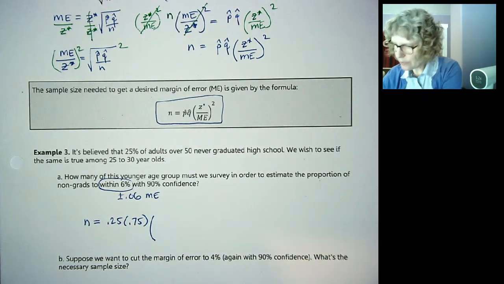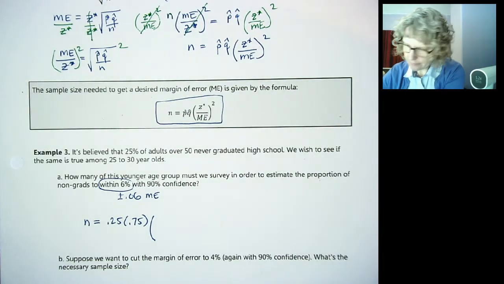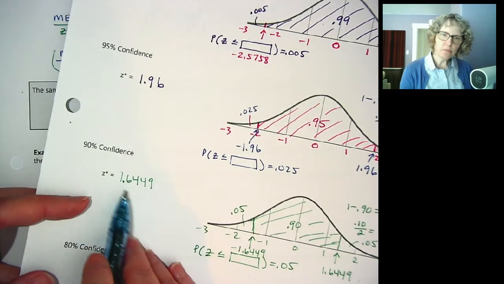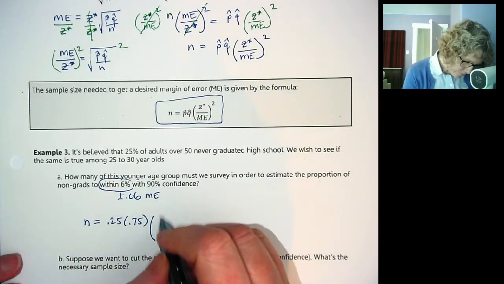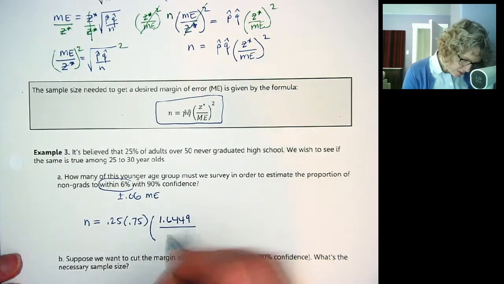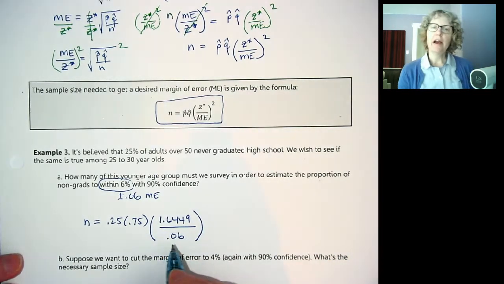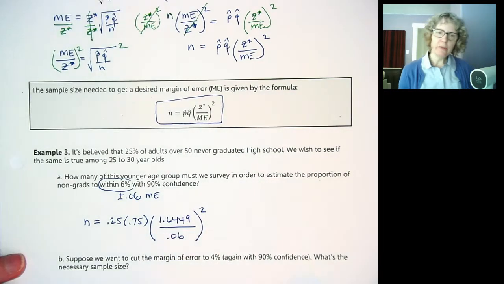I'll find my page for that. It was 1.6449. Divided by the margin of error we want, right? So this is now an input. How many people do we need to sample to get this margin of error? And then we square it.